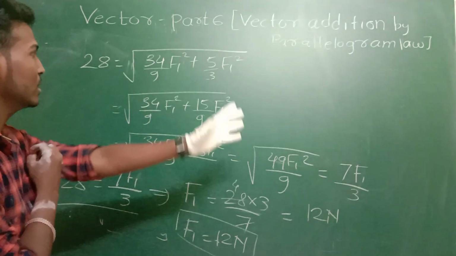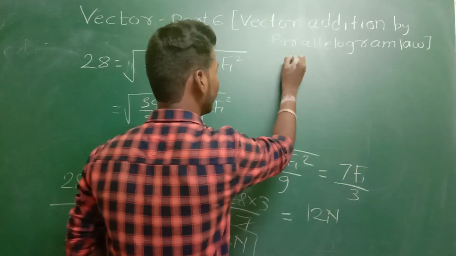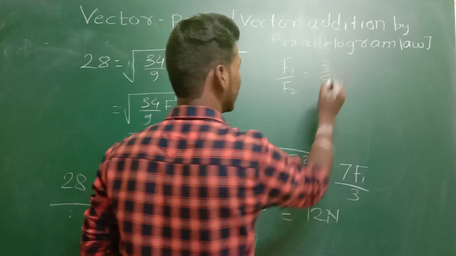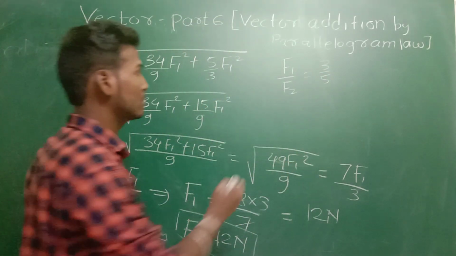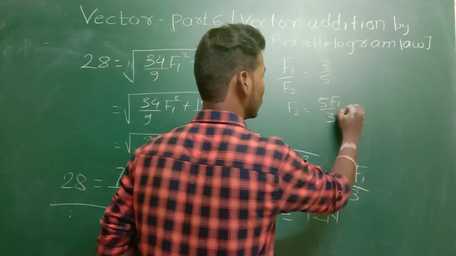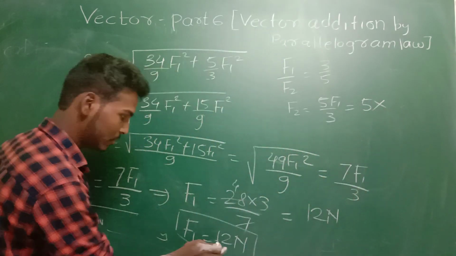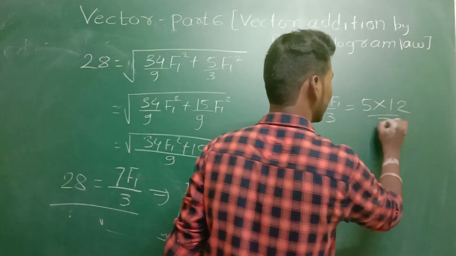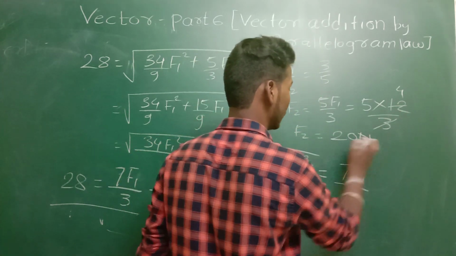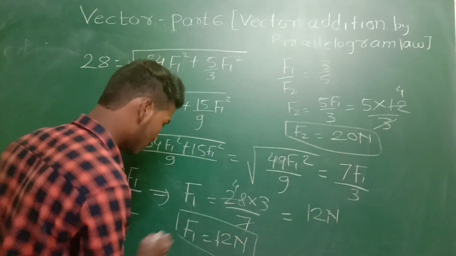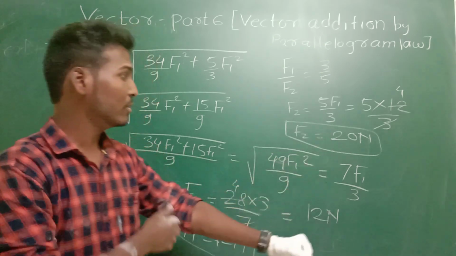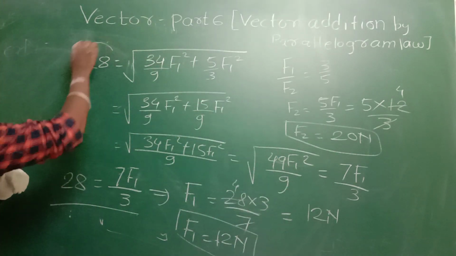As we know F1 divided by F2 is 3 by 5, F2 will be equal to 5 F1 by 3, so 5 multiplied by 12 divided by 3 equals 20. So F2 is equal to 20 Newton. This is the answer. We have found both forces: F1 is 12 Newton and F2 is 20 Newton.